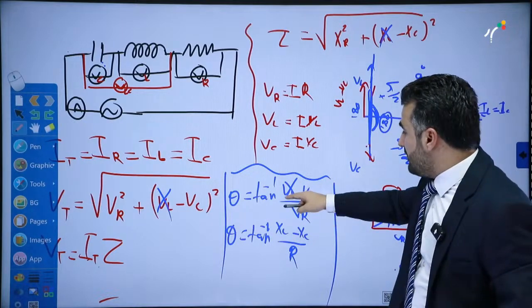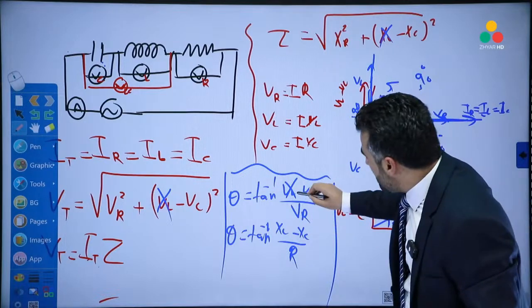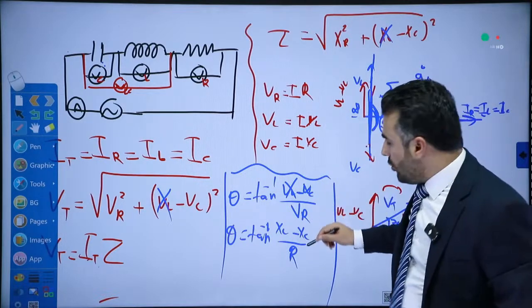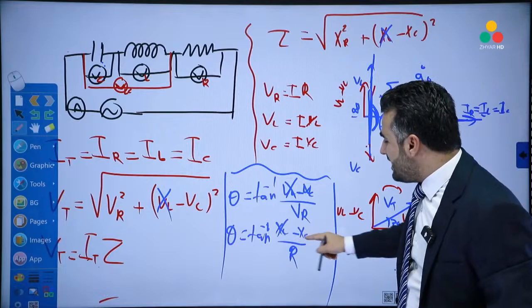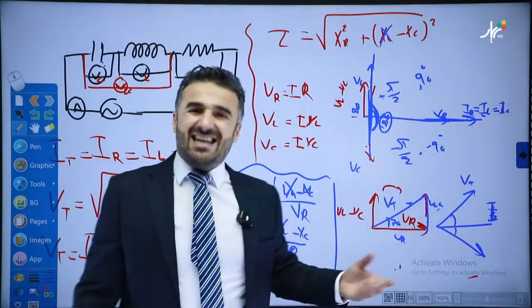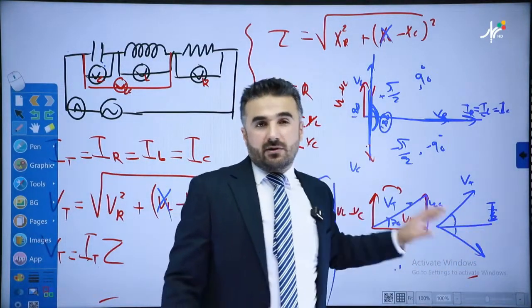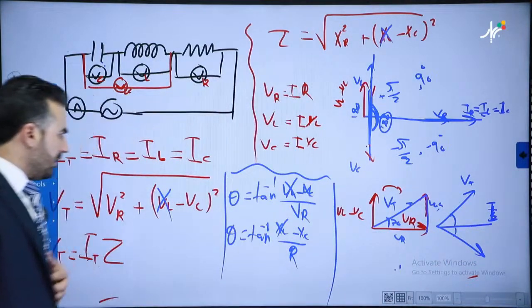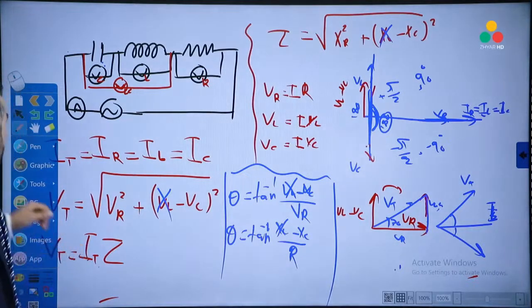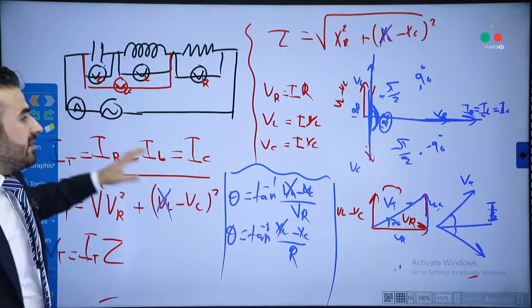If you eliminate it from the equation, you will be left with negative VC, or negative XC, because this negative indicates you're going to get a negative angle, which means the voltage is lagging behind the current. So you have to be really careful to see which one is given and which one is not given. So this is basically everything you need regarding this.